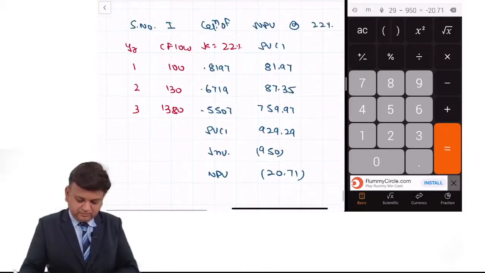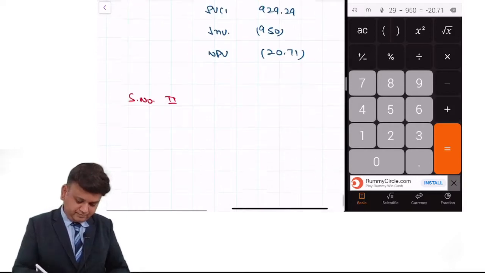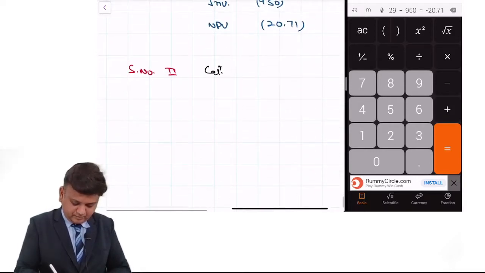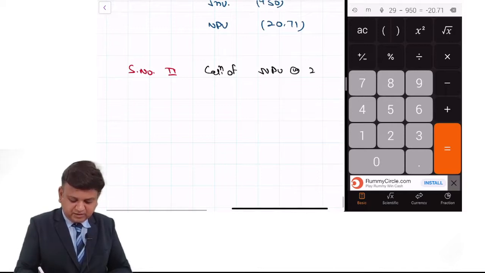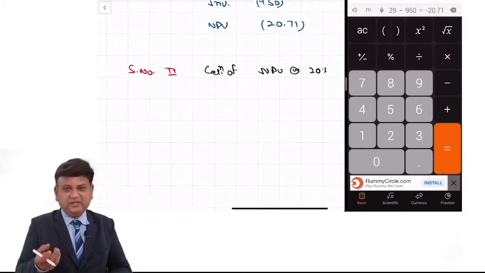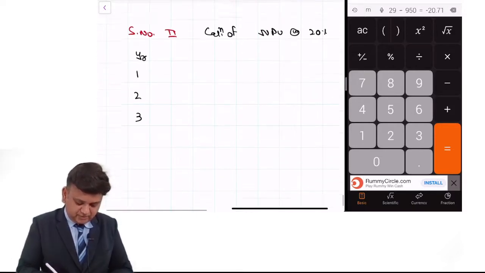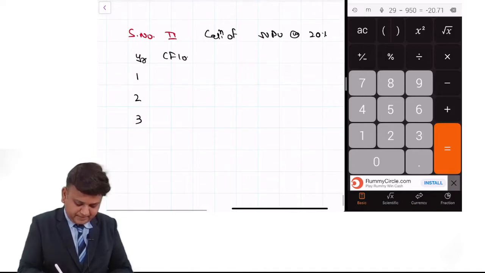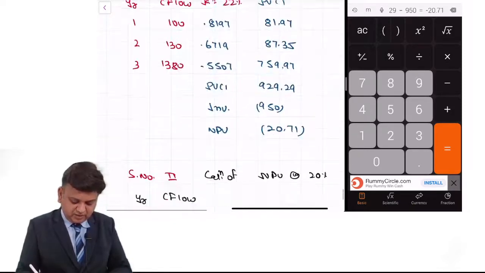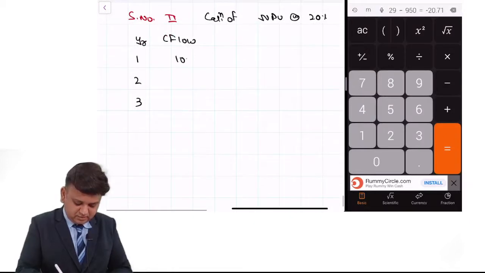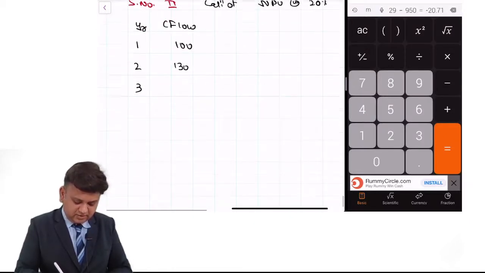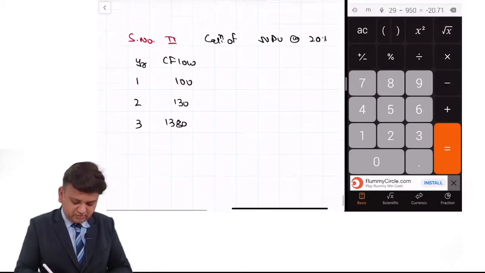Step number 2, calculation of NPV at the rate of 20%. Randomly I am reducing it by 2%. Year 1, 2, 3. Cash inflow 100, 130, 1380.